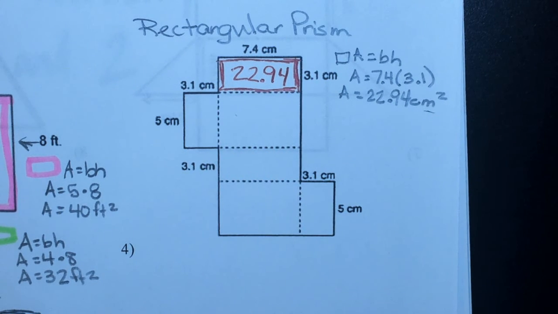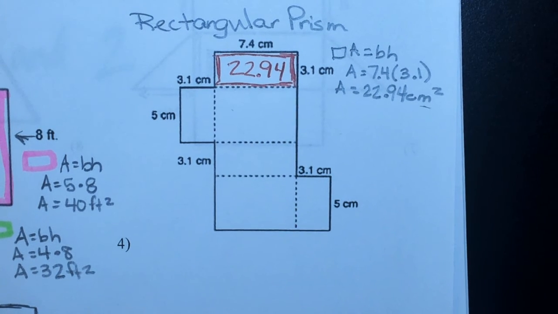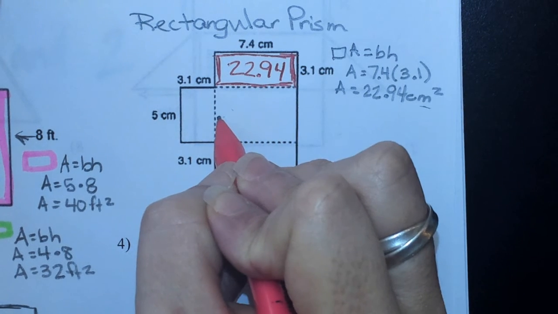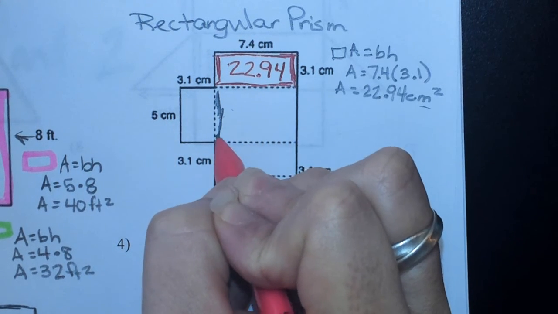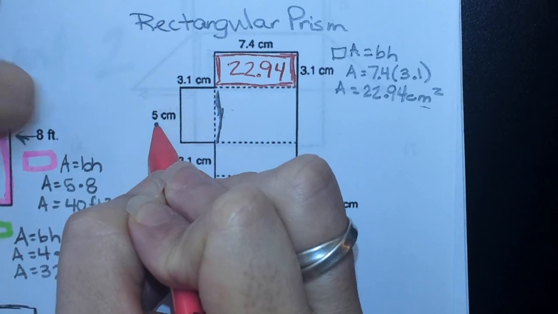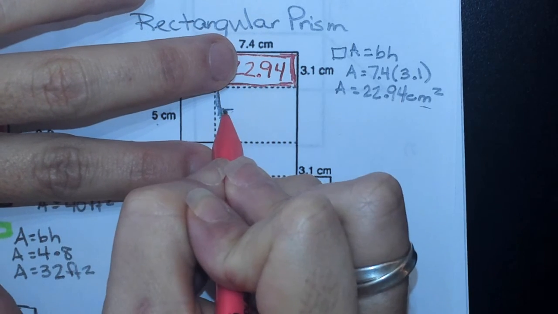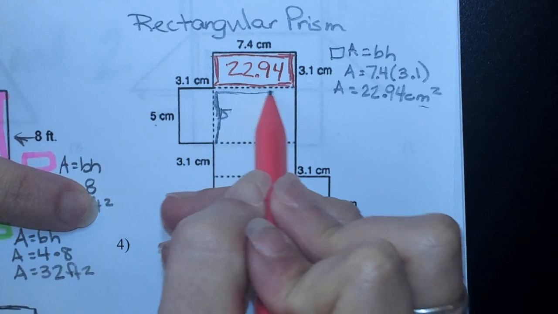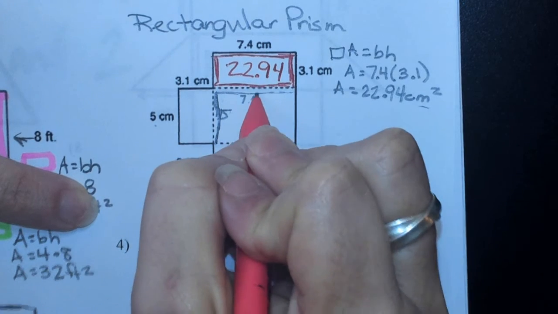Now, the next box, and maybe some of the other ones, you're going to have to move some numbers around. Okay, so I need this wall. Well, this wall is the same as 5. Look, if I slide it over, it's the same length. And this one going across the top is 7.4.